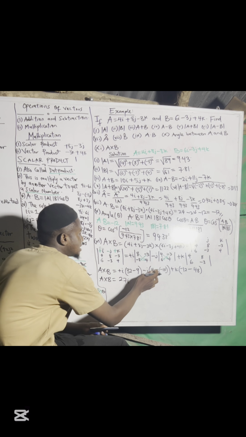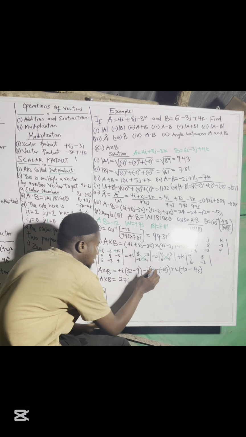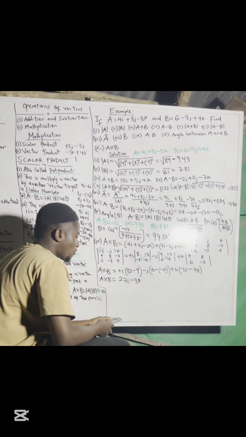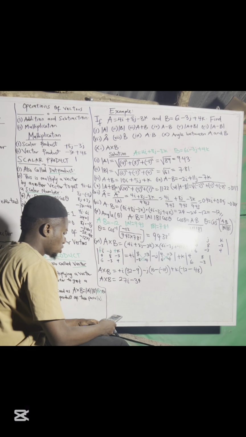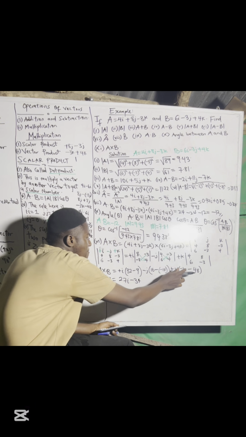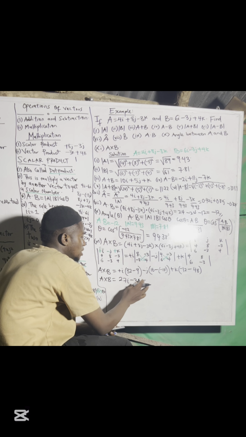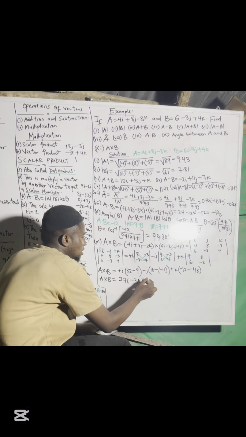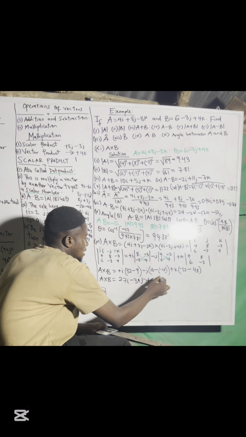Minus times minus is plus. 16 plus 18, that is 34, so minus 34j. Then minus 12 minus 48 gives us minus 60. Minus times minus, what? This is minus 34j, and this is plus 60k.